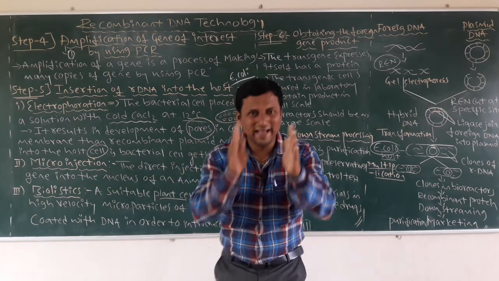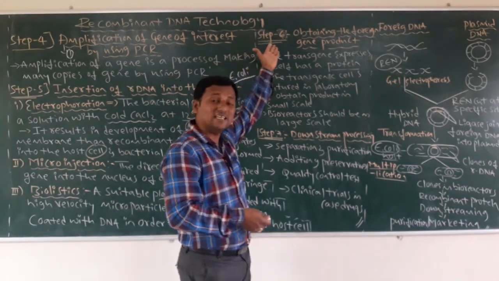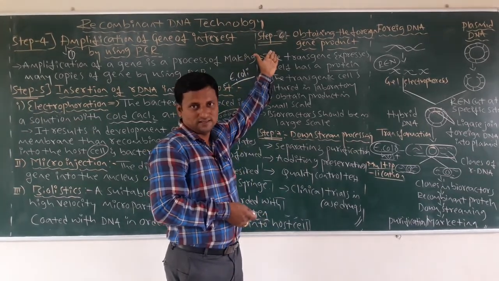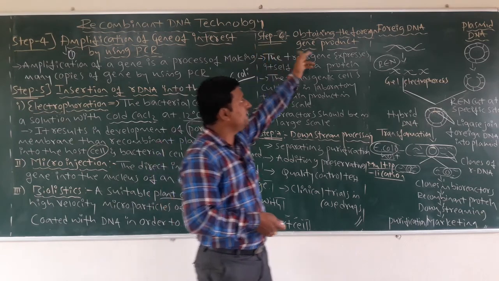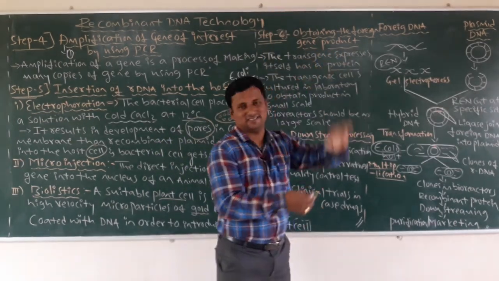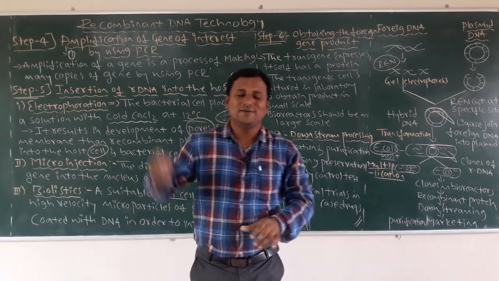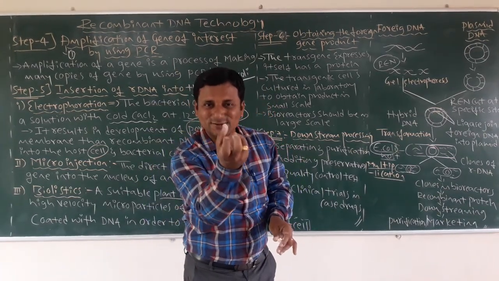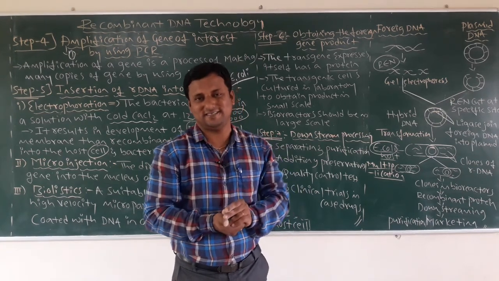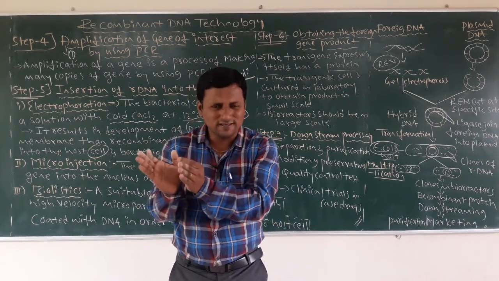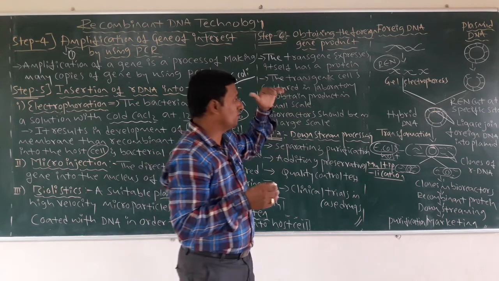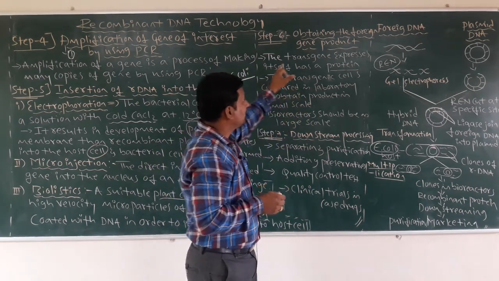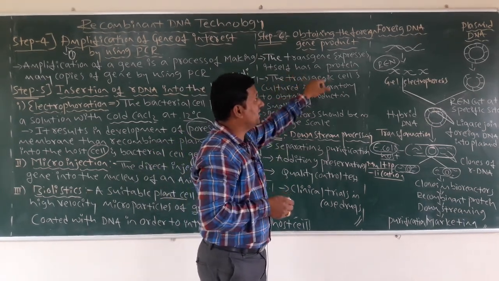Then comes the next step, the sixth step, which is obtaining the foreign gene product. You can introduce it into the host cell, then how are you going to obtain the foreign product? The transgene expresses itself as a protein.